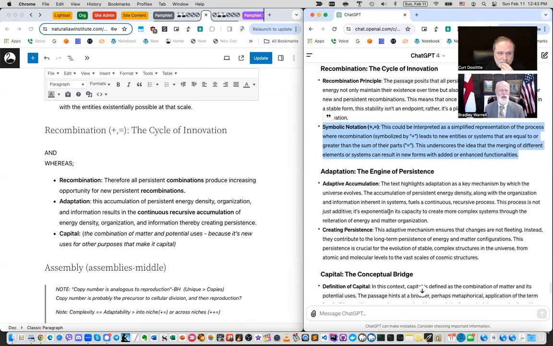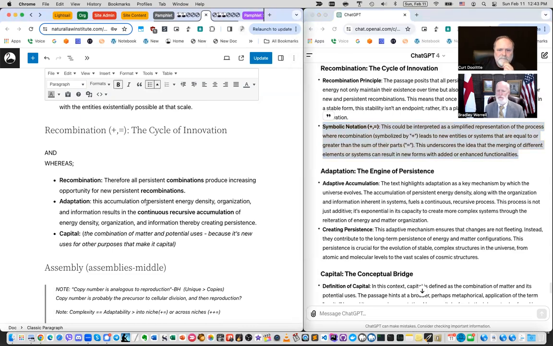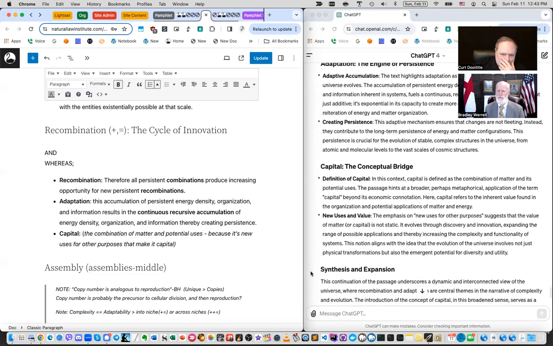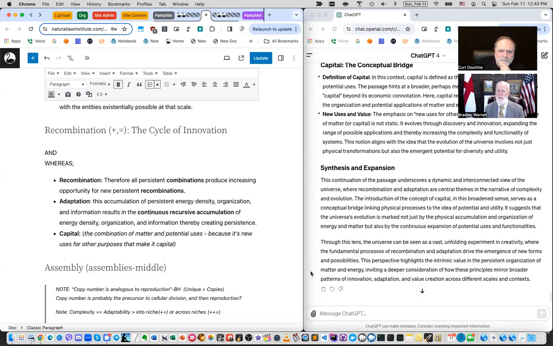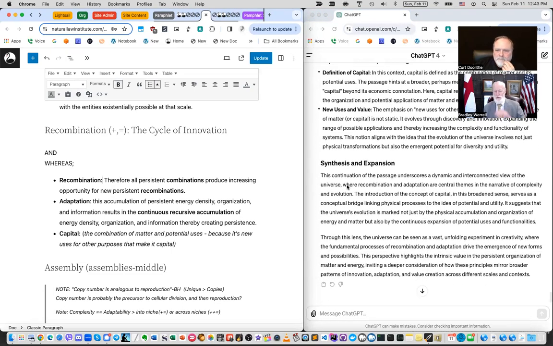It's interesting it named it. And I think it really understood this. It certainly has produced something that suggests that.